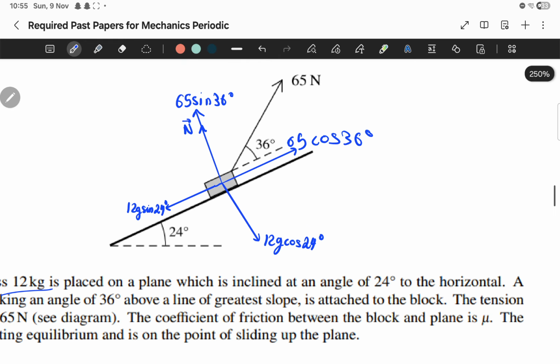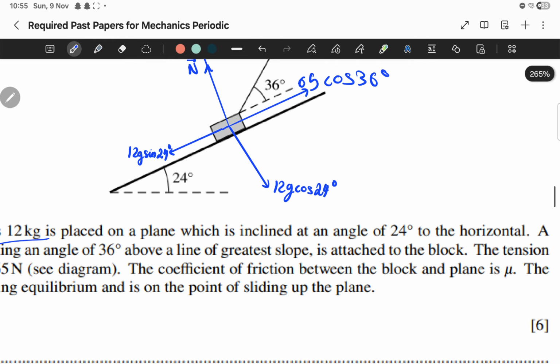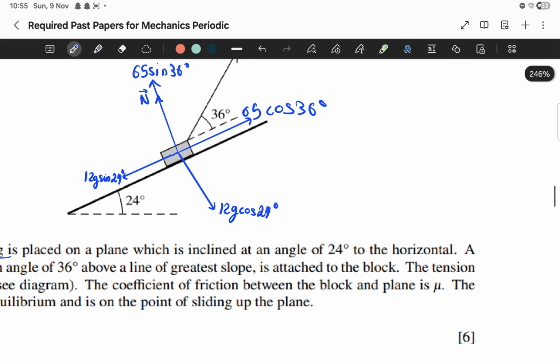Now, let's check for the case of friction. Is 65 cosine 36, which is this number, greater than 12g sine 24, which is 48.8?